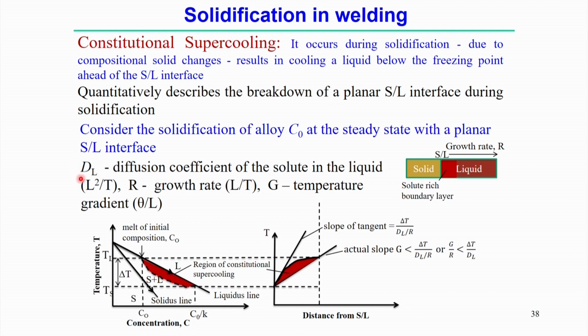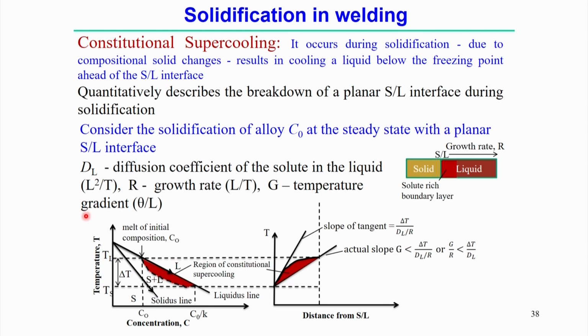The unit of the diffusion coefficient is length squared per unit time, so it represents the diffusibility of the solute in the liquid metal. Another parameter used to describe the solidification behavior specific to the alloy material is the growth rate, whose unit is length per unit time, and then the temperature gradient.